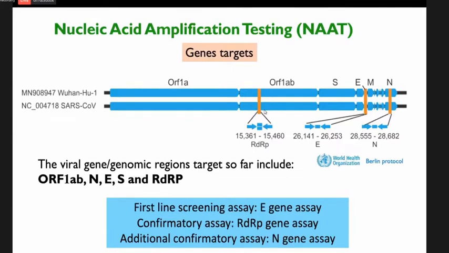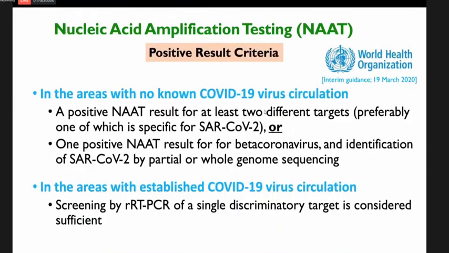So various kinds of target genes have been applied in the diagnosis of COVID-19. Many assays today are trying to target more than one gene to ensure the specificity of the test.